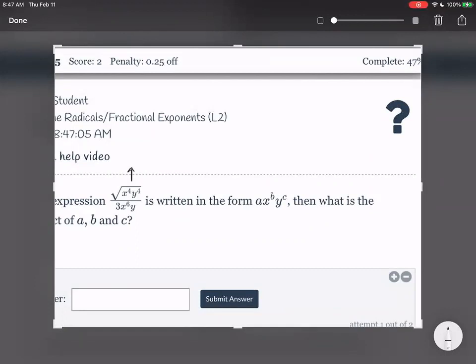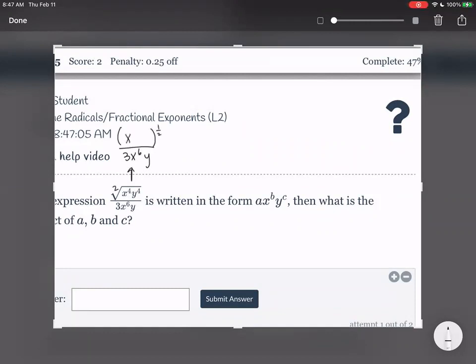We're going to turn everything into exponential form. So the bottom part of the fraction, I can keep the same. We have 3x to the power of 6y on the bottom, but the top part has a radical. So I'm going to change that radical to its exponential form. Since it is a square root, that is a 1/2 exponent.